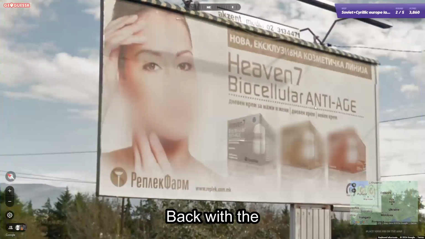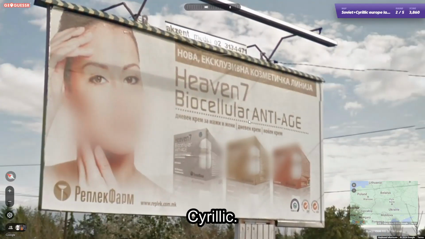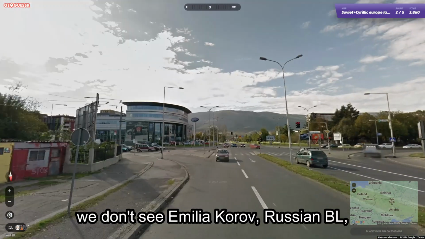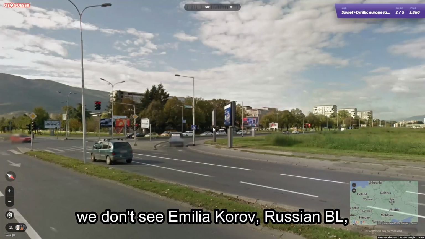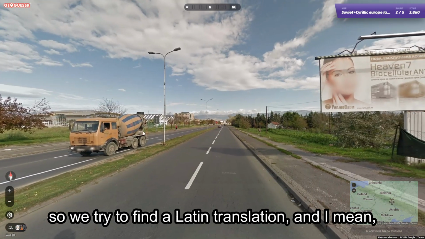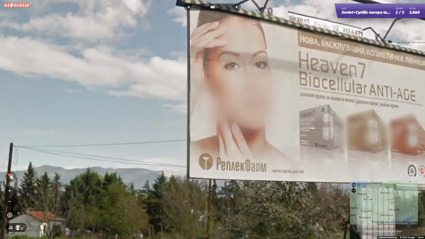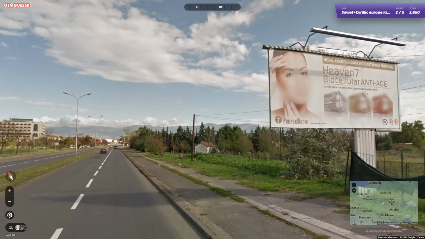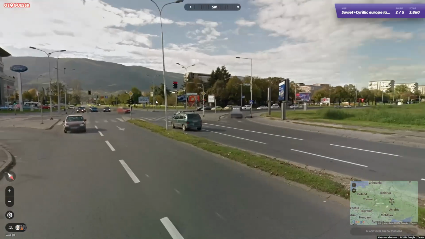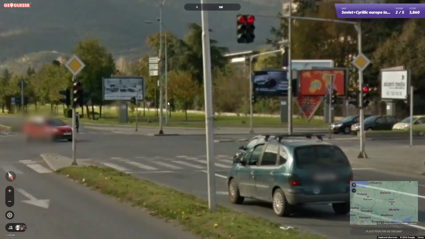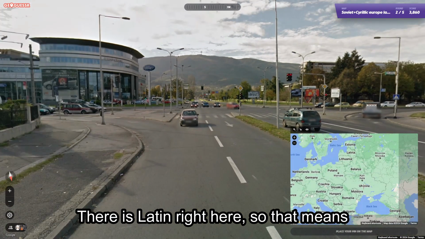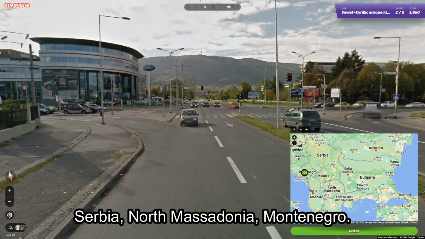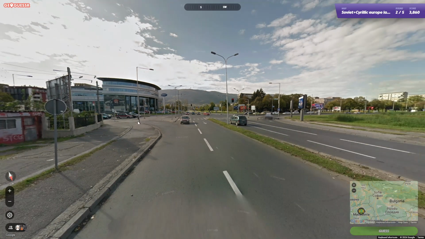Back with the Cyrillic. We don't see immediately a Russian Ы, so we try to find a Latin translation. And this kind of is a Latin translation, there is Latin by here. So I mean Serbia, North Macedonia, and Montenegro.